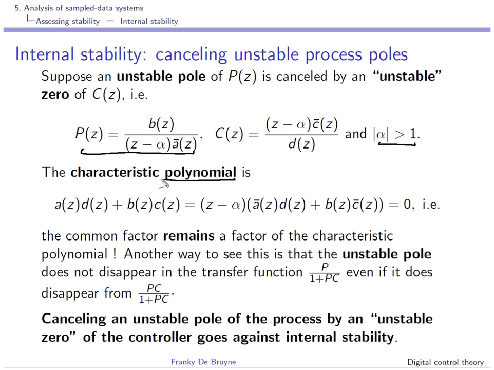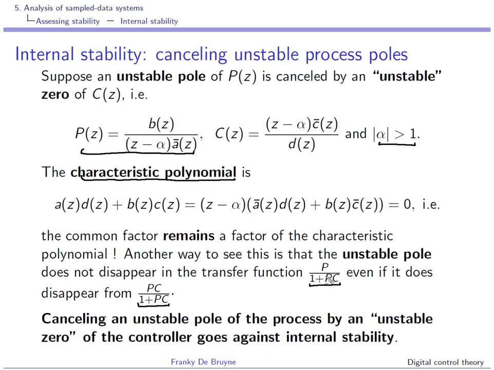Well, if we cancel this unstable pole using a zero in the controller, what will happen is that in the characteristic polynomial, this root will still be present and the system will therefore be unstable. So if you cancel the pole by a zero in the controller, it will disappear from the transfer function over here, but it will still be present in this transfer function over here.